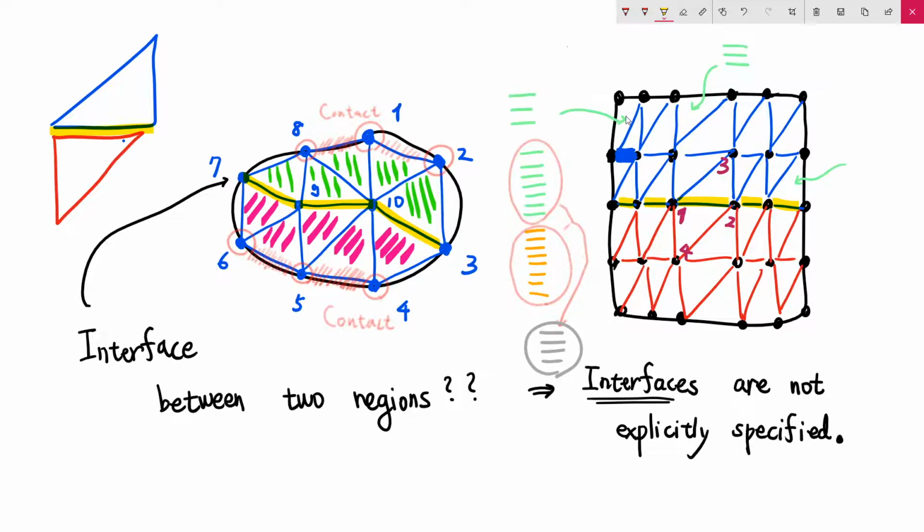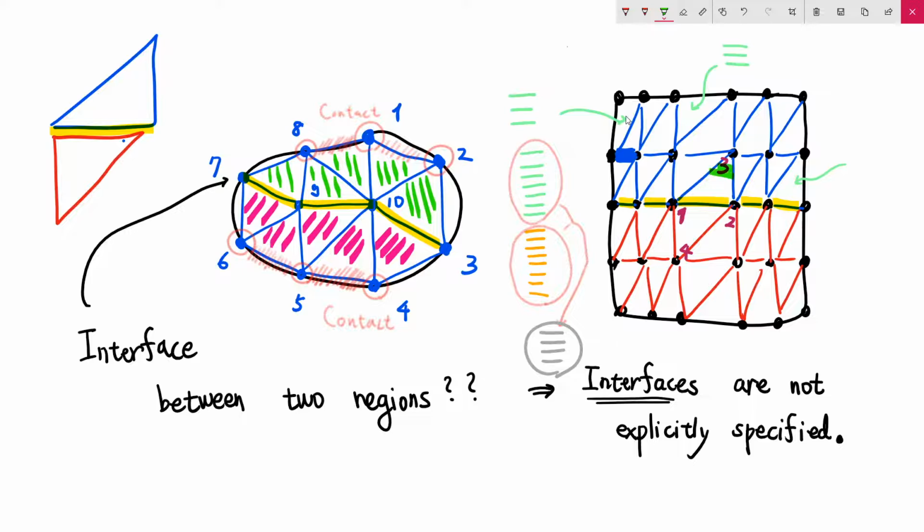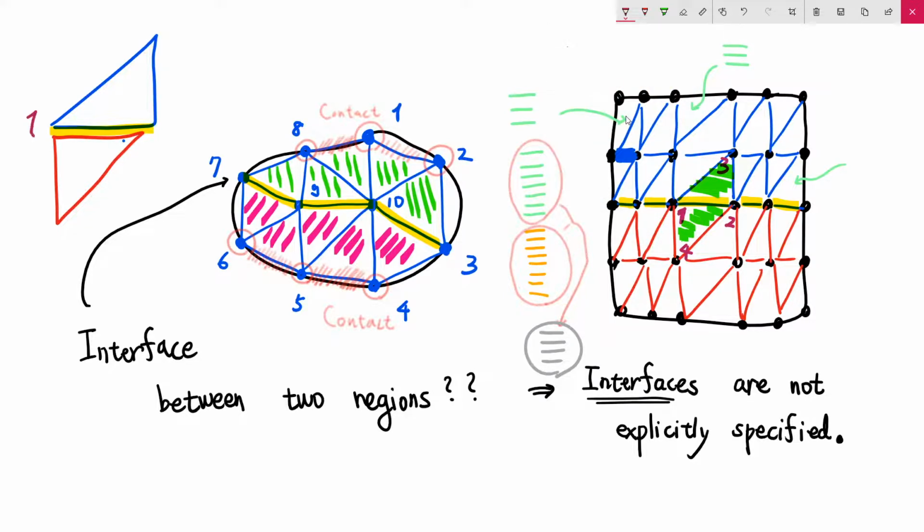So now you understand, we are now talking about the magnified view around these two triangles. So now let's say the vertex numbers are given in this way: 1, 2, 3, 4.